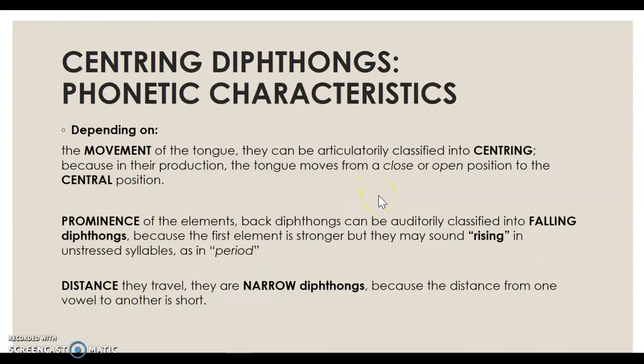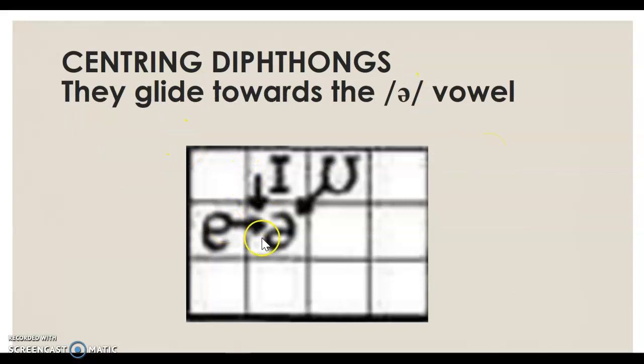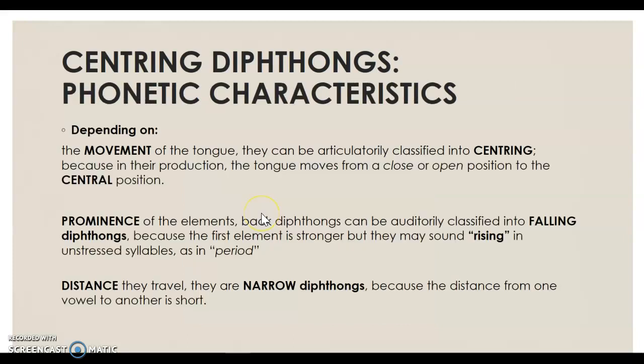Let's analyze the characteristics of centering diphthongs. We can see the movement of the tongue, and that is what we have just done. So in this case, these diphthongs are centering because all of them move towards a centering vowel sound. Then we can speak about prominence. That means when a sound sounds stronger than the other one.